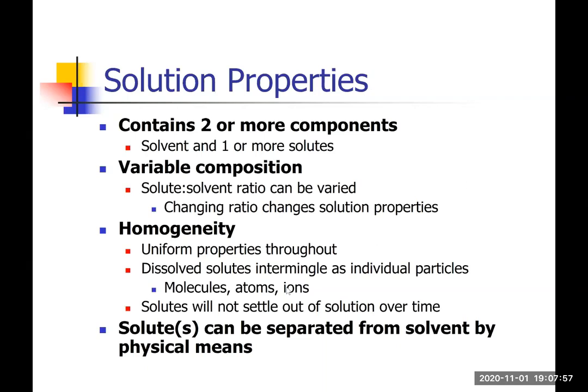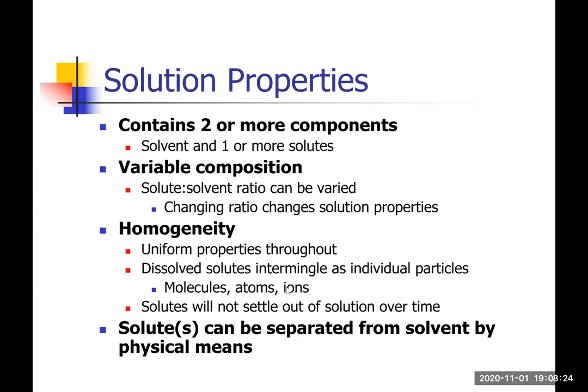But a solution can have a variable composition because it can have certain volumes of solute and certain volumes of solvent, or certain masses of solute and certain volumes of solvent. And the ratios of those two species can be varied. If you change the ratio of the solute and the solvent, you also change the properties of the solution.